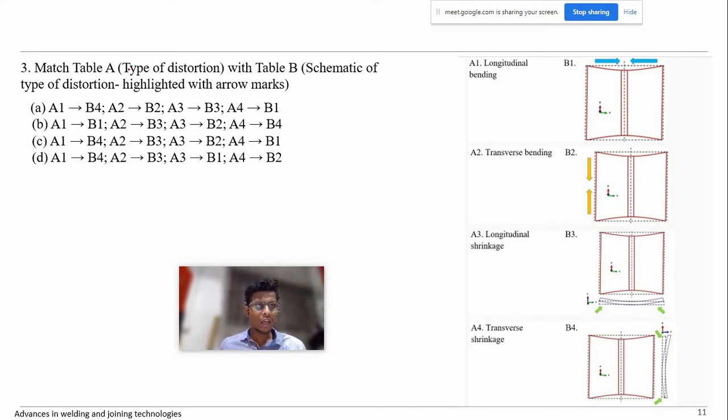So they have asked us to match the type of distortion in table A with the type of distortion in table B, highlighted with an arrow mark. Okay, type A and type B I need to match. So first of all, longitudinal bending. Suppose this is a welding plate.